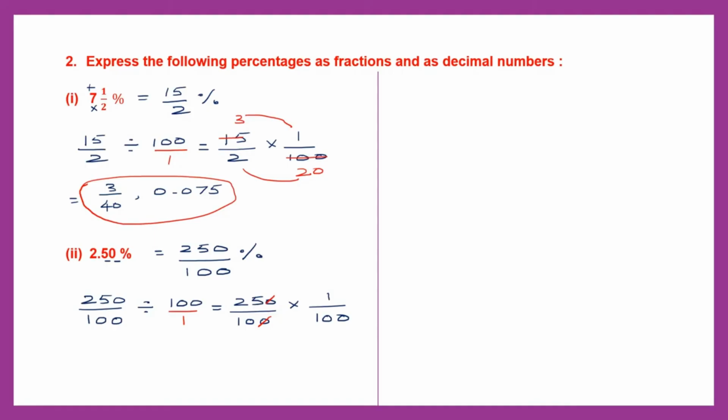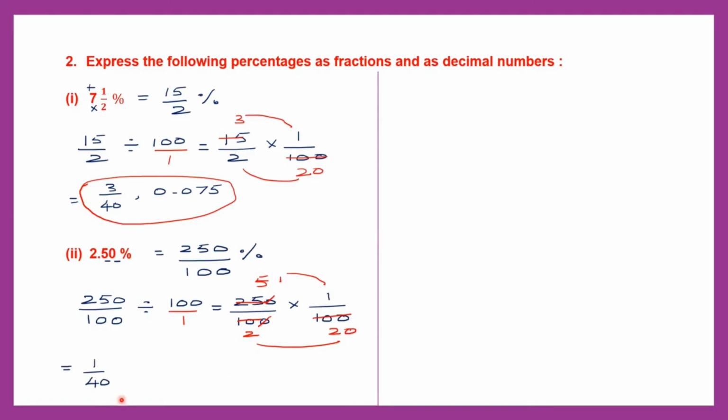I can cancel 25 and 10 by 5. 5 5s are 25 and 5 2s are 10. I can cancel 5 and 100. 5 1s are 5. Here 5 2s are 10, 20. So 5 into 20 is 100. Now let's multiply the numerators. 1 into 1 is 1 and the denominators 2 into 20 is 40. So what do I have? 1 by 40.